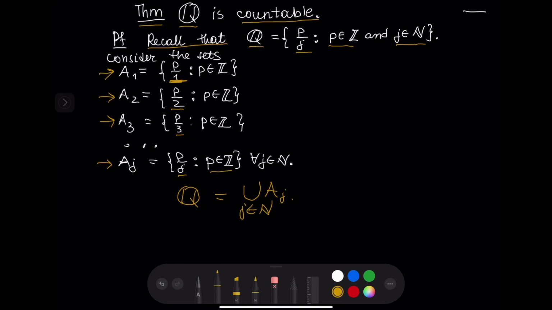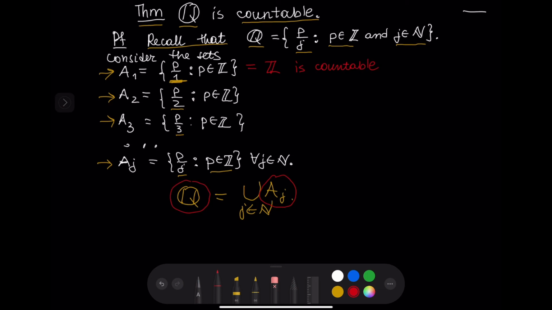So by the previous theorem, if all of the sets A_j are at most countable, then Q is at most countable. But let us look at these sets A_j. A1 is actually the same as the set of all integers, and we proved in a previous video that Z is countable. The video in which we prove that Z is countable is linked in the description.